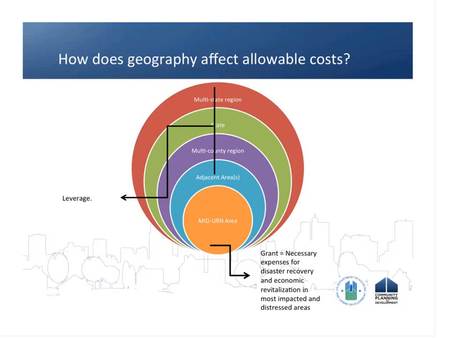Maybe we wouldn't be paying for the recovery itself, or maybe you've been using other funding for the recovery and you need to protect your recovery. You'd have to demonstrate the most impacted and distressed area, and then you're going to have to look at that unmet recovery need thing in Appendix G and really figure out how you demonstrate some unmet recovery needs.